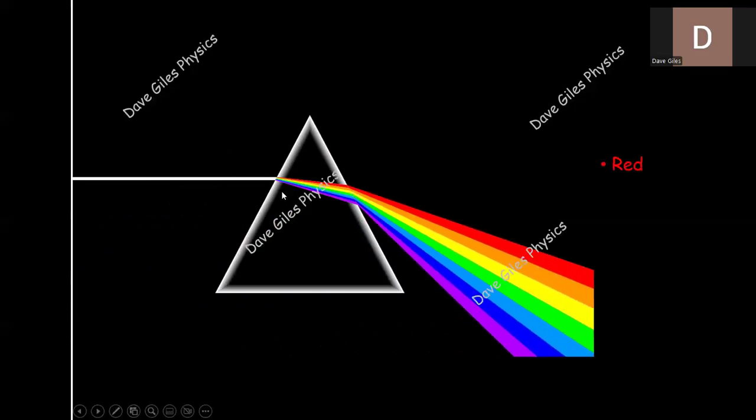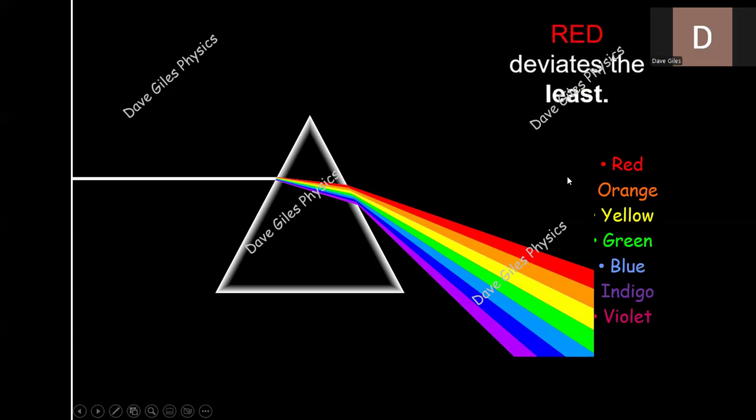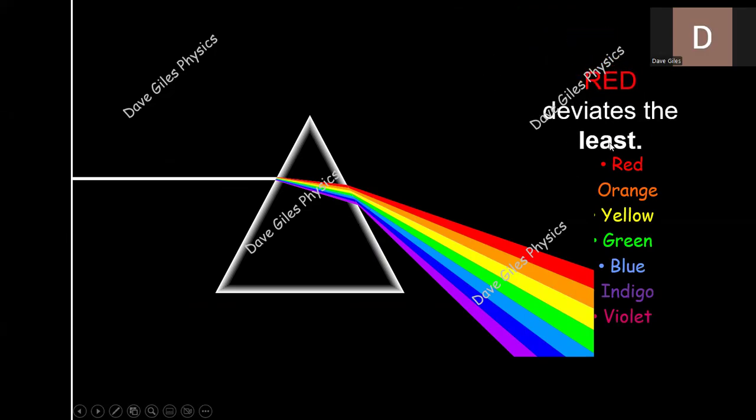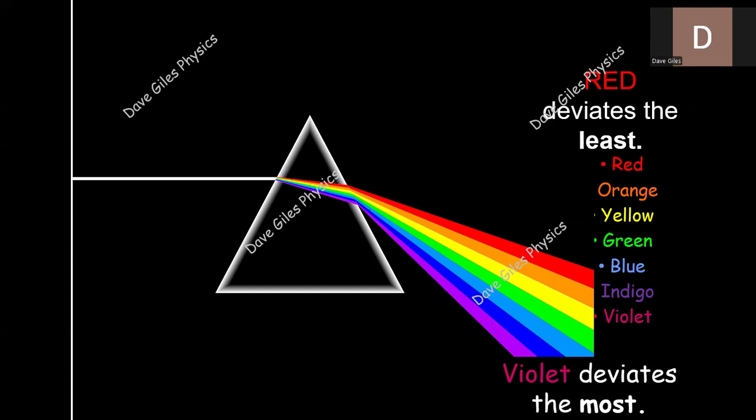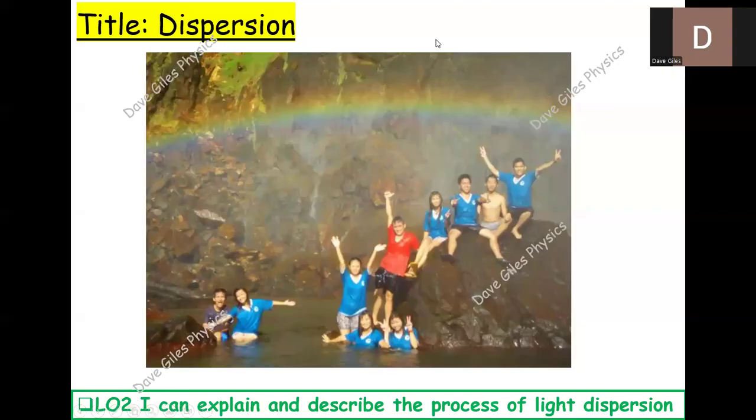So this here is white light splitting. So this is the order. So red deviates the least, violet the most, or remember, blue bends best. Okay. And that is basically what is happening. This dispersion is happening with a rainbow.